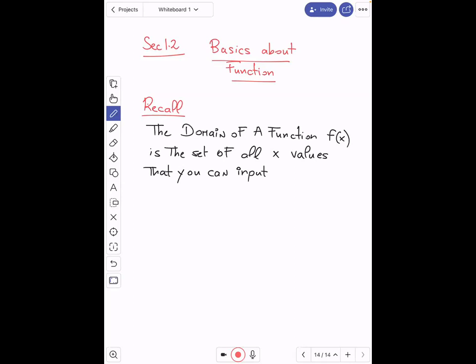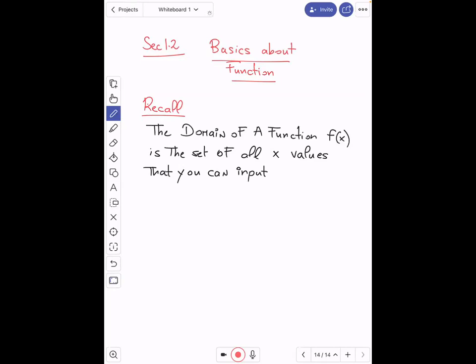In other words, if x is not in the domain of the function f, then f of x is actually undefined. And if x is in the domain, then f of x would be just some number.